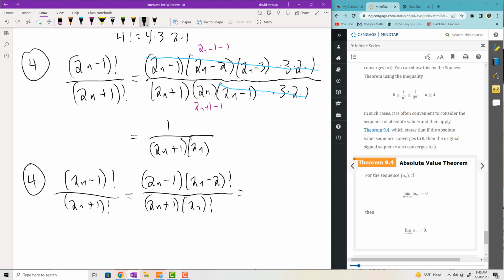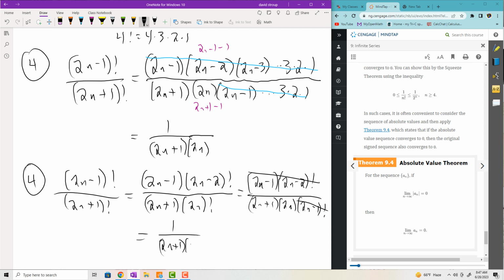So I don't see the cancellation yet, so you keep peeling. 2n minus 1 times 2n minus 2 factorial. Let's just work with the bottom, right? So 2n plus 1 times 2n times 2n minus 1 factorial. Oh, and then I see it. It's this and this. It will cancel, leaving you again with just 1 all over 2n plus 1 times 2n.